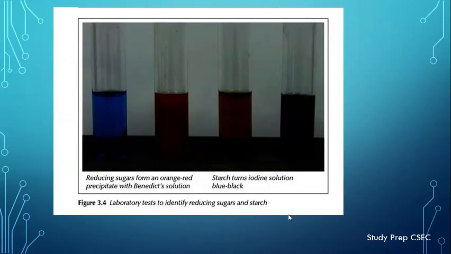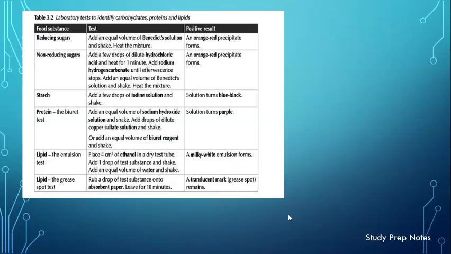You can look at the tests and the positive results that indicate the test is successful. I will make a separate video on this, but tell me what you think in the comments below.